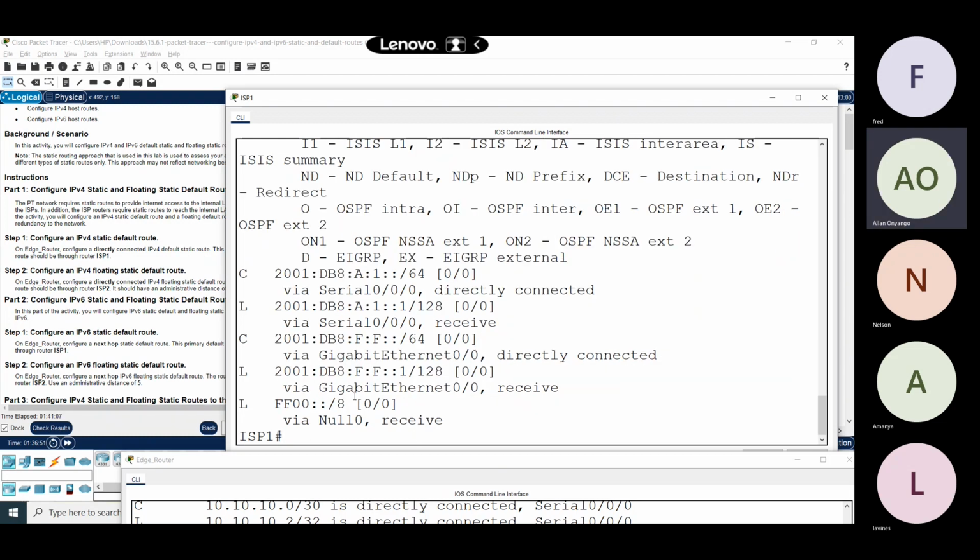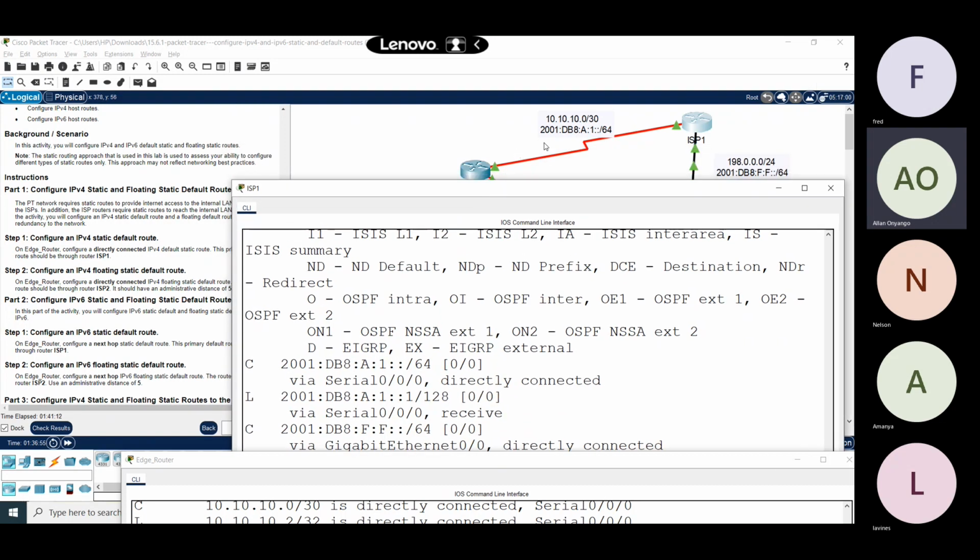If I press enter, I need to see the network address. It is 2001:db8:A:1::/64. This is the one, and the L immediately following it is here.